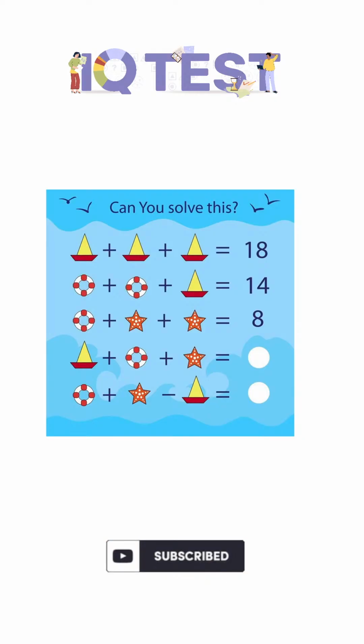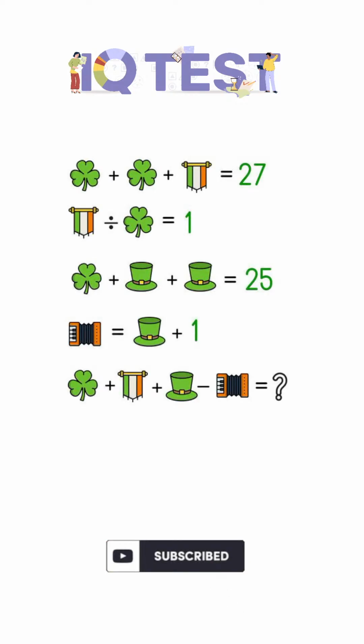All right, so those are the answers for these 2 questions. Let's have a look at the next one. So this is the next question that we have. Let's proceed to look at the answers.